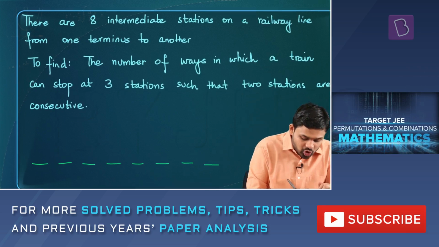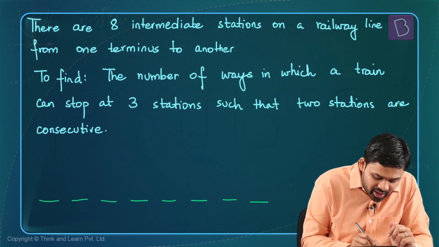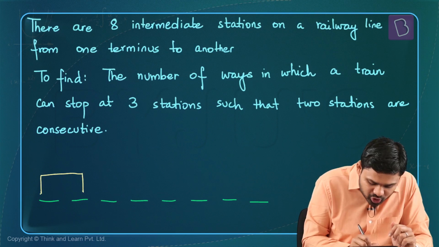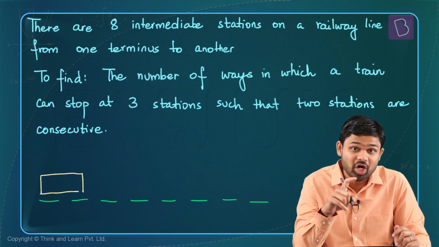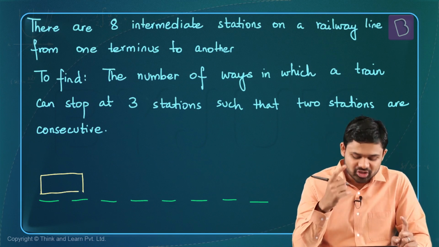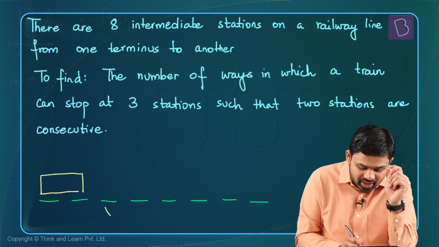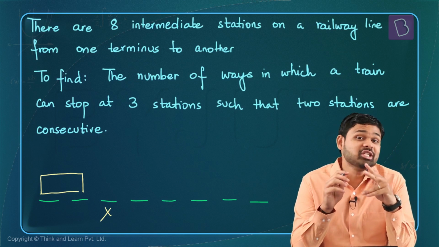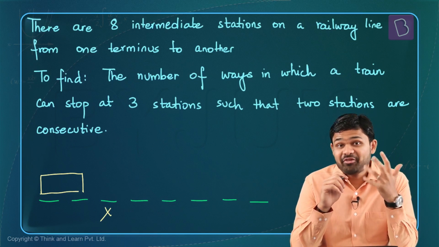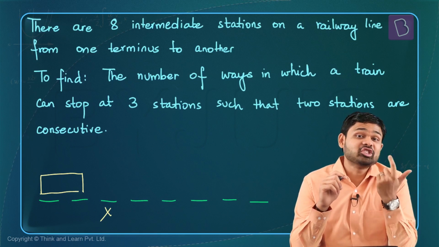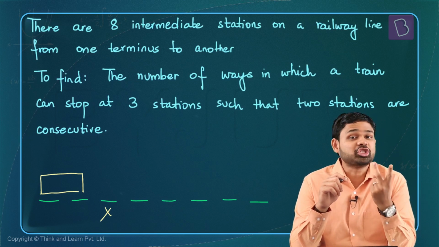So let's group. So 2 stations have to be together. If you consider the first 2 stations as the stations where the train stops, then the train can stop at one of the 5 other stations, but not this station, right? So there are 5 different possibilities if the train stops at the first 2 stations.